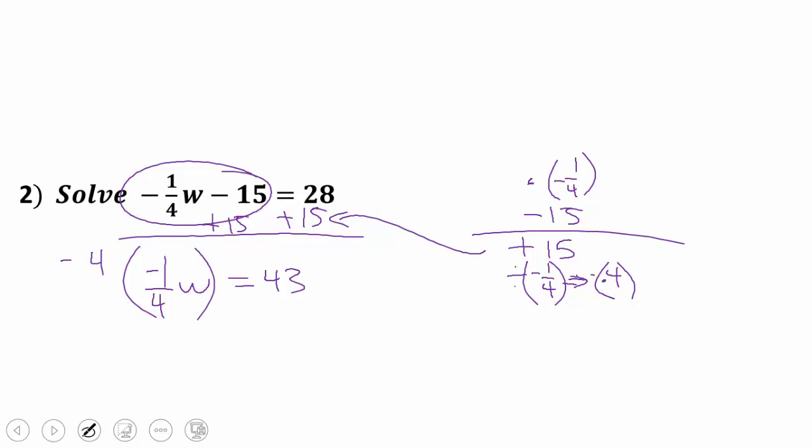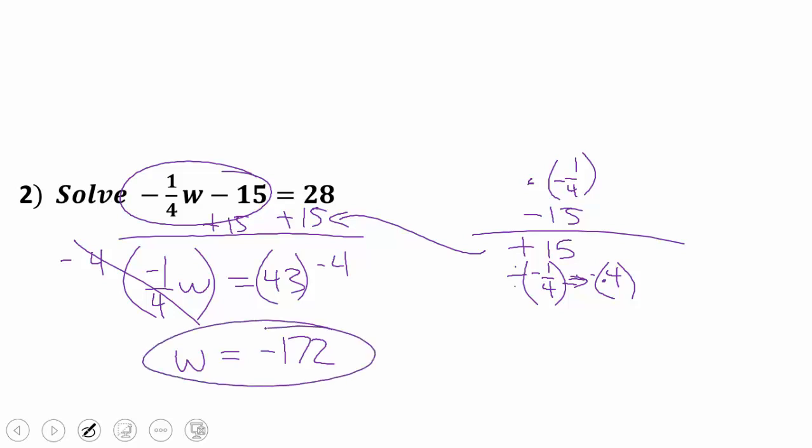I almost forgot that because I didn't write it over there. We're going to multiply by a negative 4. And so that 1/4 and the negative 4 will simplify out. w is now equal to negative 172. Again, you can do that quickly in your head because 4 times 3 is 12, and 4 times 4 is 16. Add the 0, 160 and 12 is 172.